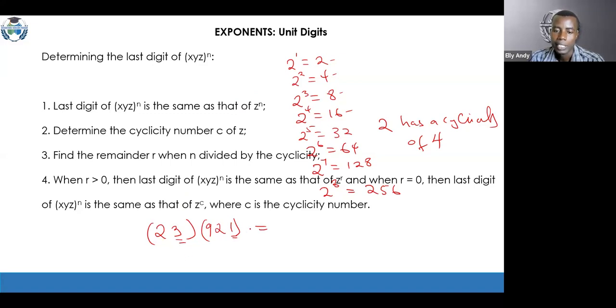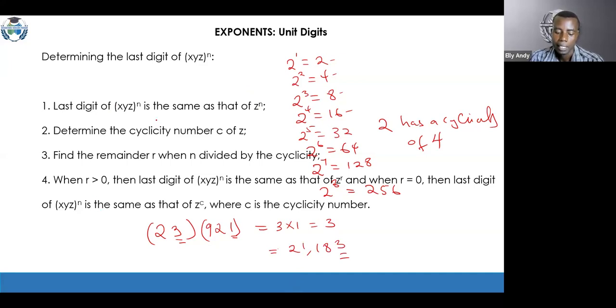So the unit digit of this whole thing will be the same as 3 times 1. That is, when you work out this question, you will get that the last digit will be 3. Incidentally, when you multiply this, you will get 21,183. So that is why this concept of cyclicity when dealing with unit digit questions is crucial.